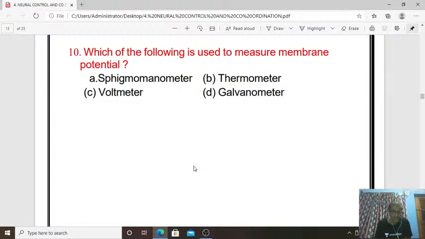With respect to nerve signaling, it is the voltmeter. A voltmeter is utilized for the study and measurement of membrane potential. C is the right answer.